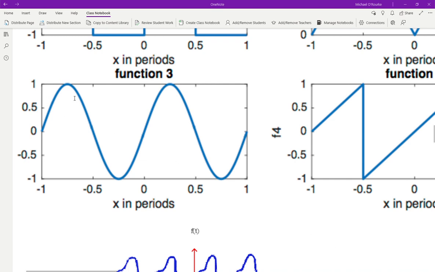What is our max for this periodic function? Someone tell me? 1, good. And what's our minimum for this periodic function? -1. Good. So that's max and min.